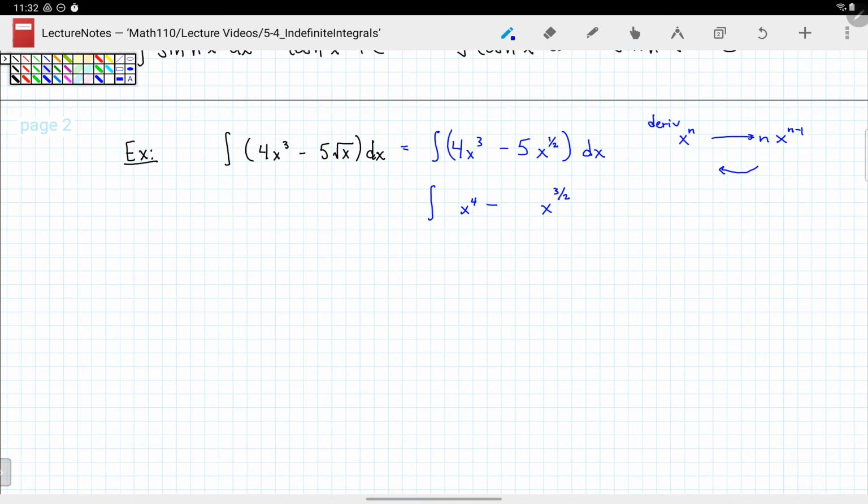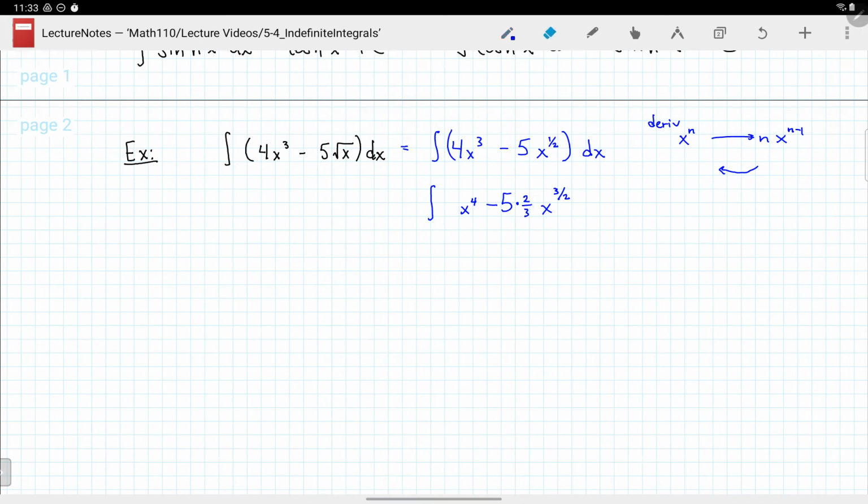I'm just going to write that 5 here. And if I want to differentiate that, the first thing I'm going to do is multiply by 3/2. So I want to undo that by multiplying by 2/3, which is the same as dividing by 3/2.